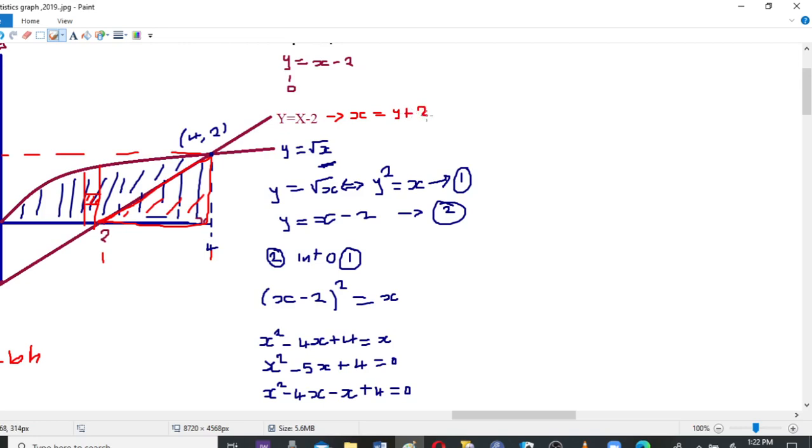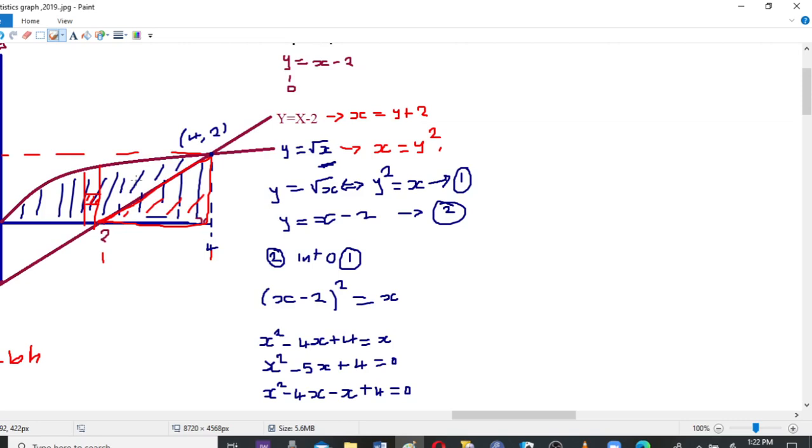What about this one? We want to change our limits into x. Making x the subject of the formula, we get x is equal to y squared. So this is what we have.